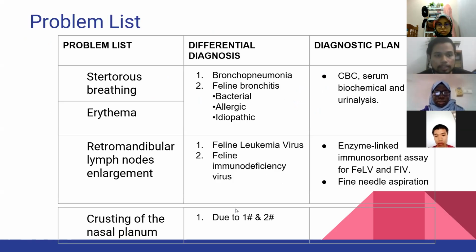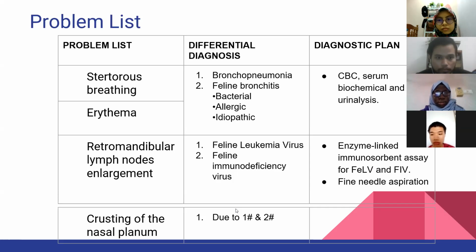As you can see, from the clinical signs, the stertorous breathing and erythema, the differential diagnosis we can conclude is that stertorous breathing is usually caused by respiratory disease. So we can say the cat might have bronchopneumonia or feline bronchitis caused by bacteria, allergy, or idiopathic reactions.